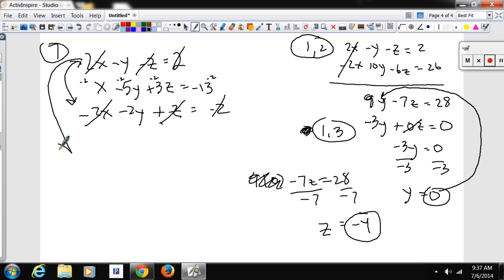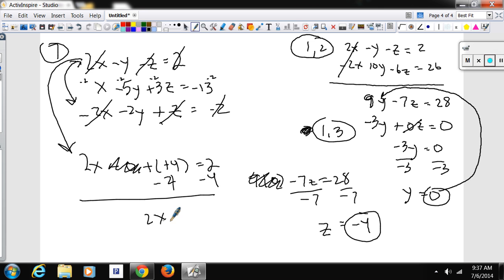So let's take, we have 2x minus y, now y was 0, so minus 0, minus z, so minus negative 4 equals 2. 0 you don't need, but these are going to make pluses, so you're going to need to subtract 4 on both sides. So you get 2x equals negative 2, divide by 2, x equals negative 1.